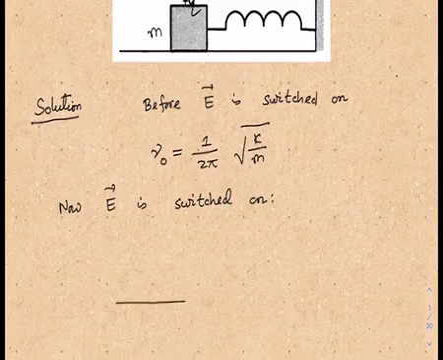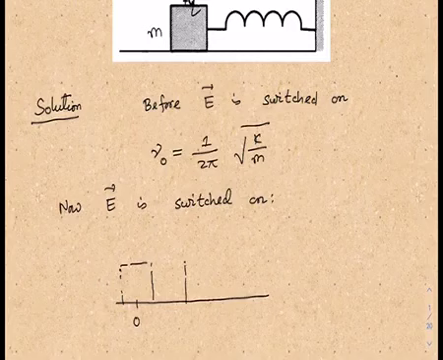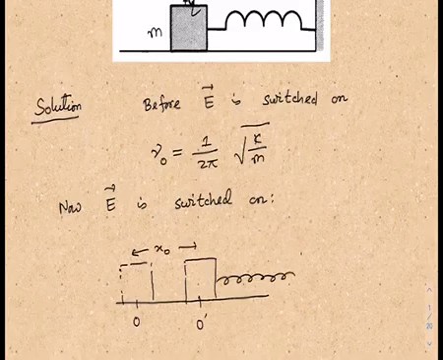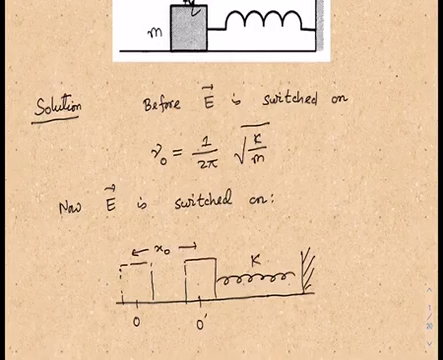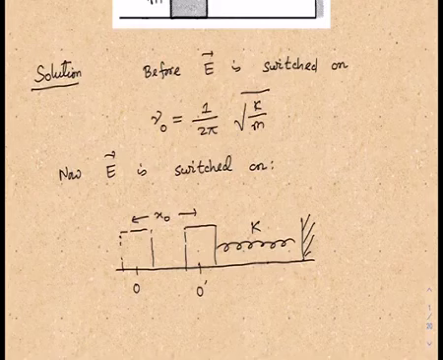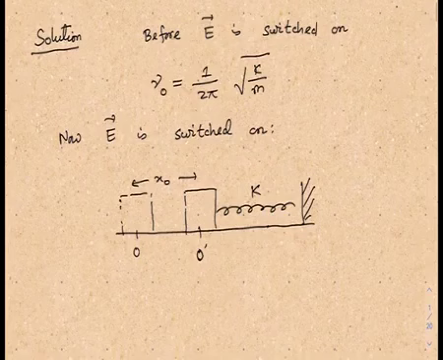Because of the electric field, this block which was earlier at the mean position, say O, would be shifted to this position, say O dash, by a distance say x0, and the spring is k. The spring would be compressed by an amount x0, but at the new mean position O dash, the block will be in equilibrium.